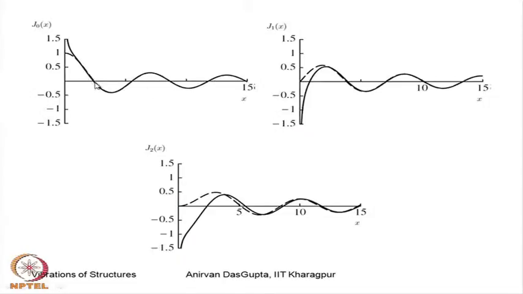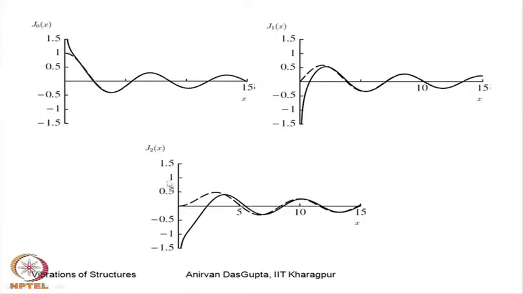So, you see we expect, for example, for J 0 the approximation to work very nicely even starting from the first root, whereas for J 1 there is slight error in the first root, but then from the second and the third and the fourth etc., these are very good.